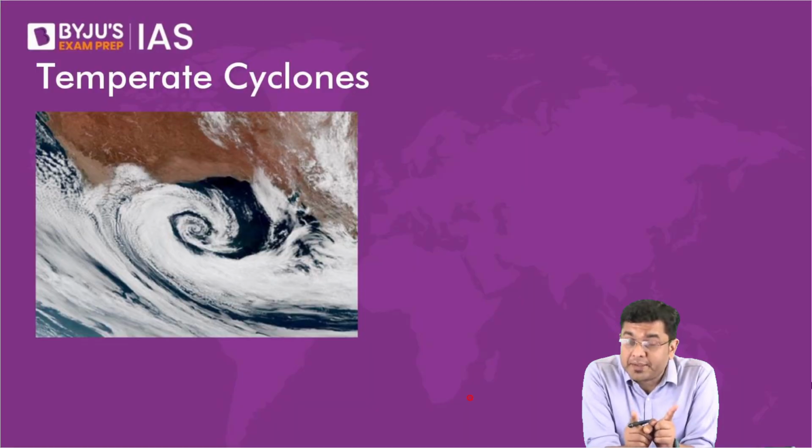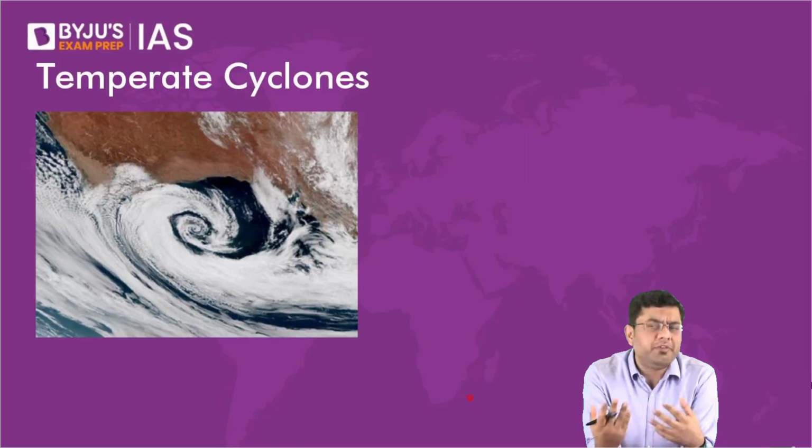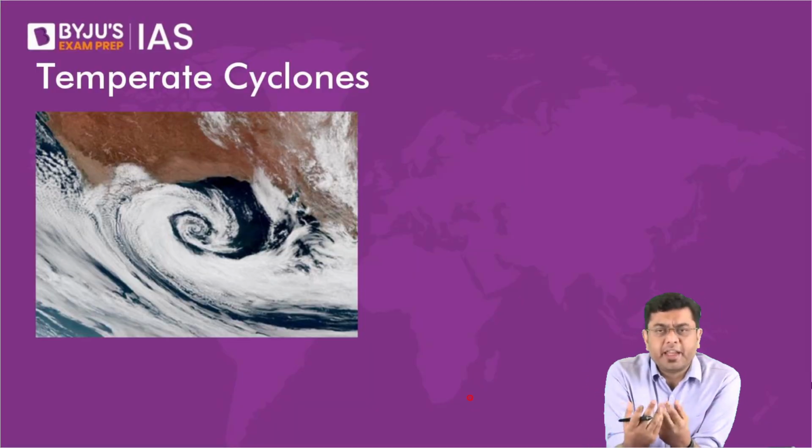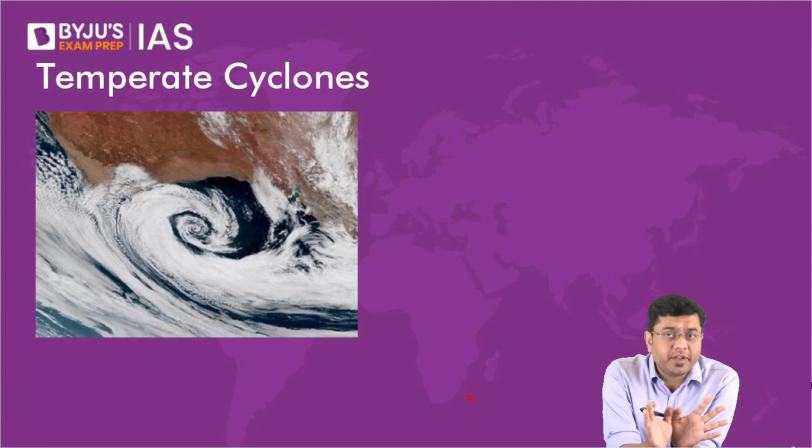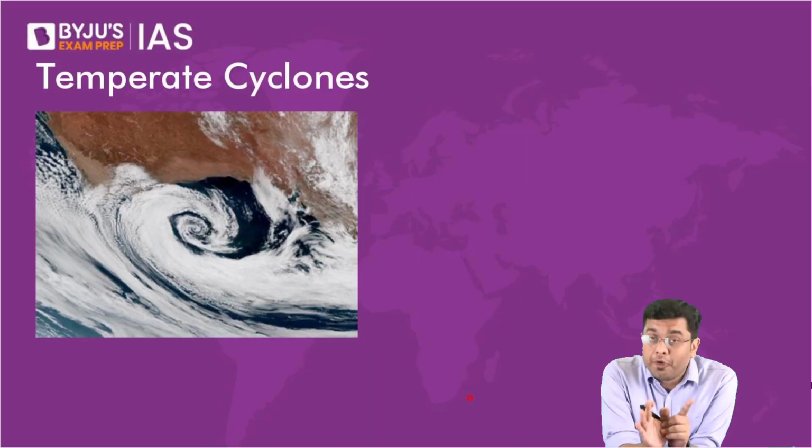I will repeat. Not every frontal formation will lead to the development of a cyclone. But for a temperate cyclone to occur, a frontal formation is a must. That means that not every time a front develops will it develop to the extent of a temperate cyclone. It might dissipate at the stage of the cold or the warm front or the stationary front itself. But then no temperate cyclone will be formed without the formation of a front.